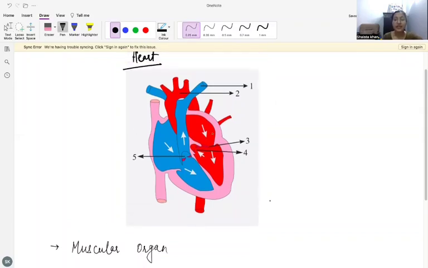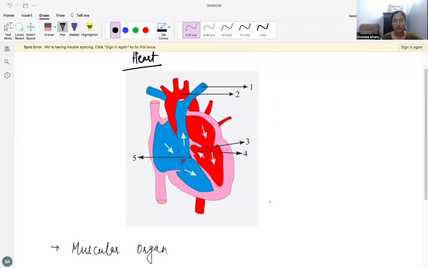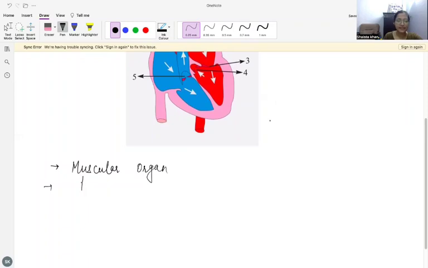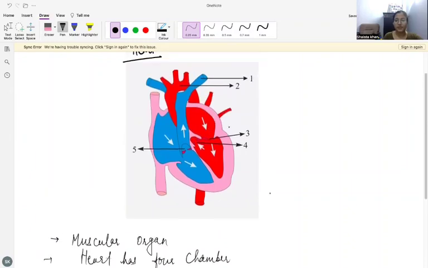As you can see here, let me tell you the parts of the heart. Our heart has four chambers. Here is the first chamber, the second chamber, the third chamber, and the fourth chamber.